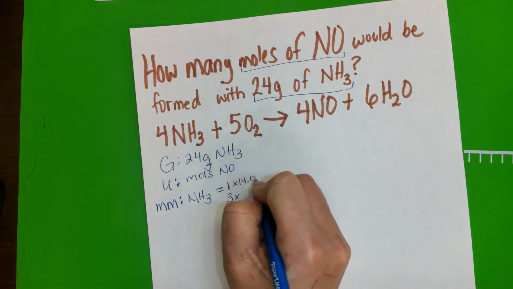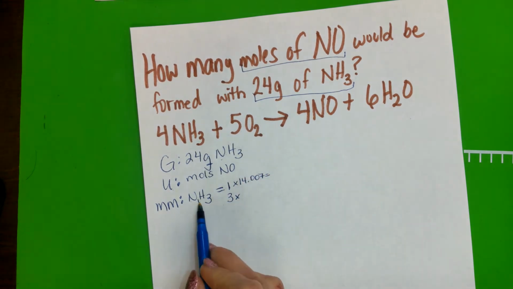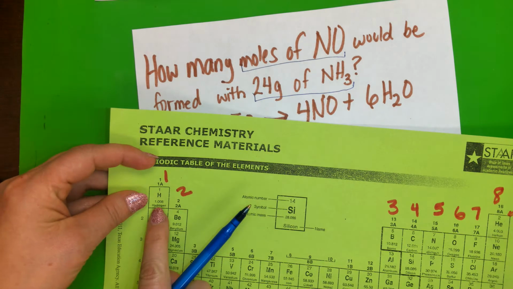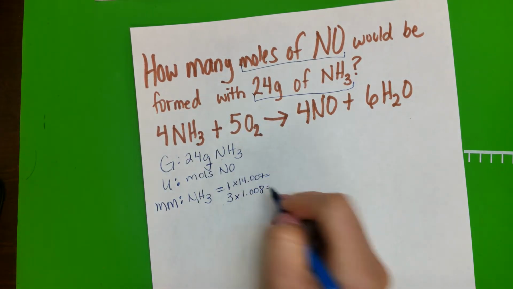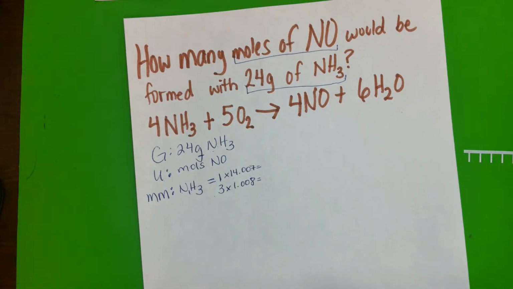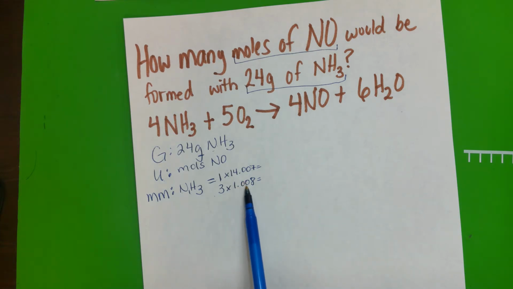14.007. And then hydrogen, which we've done several times, would be 1.008. Now, I did put the periodic table link next to the problem, so just in case, for the other problems that you need to solve, you could just click on that.